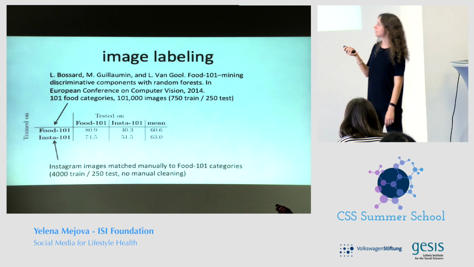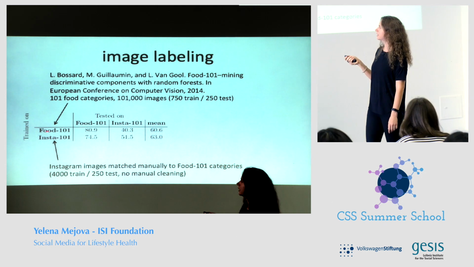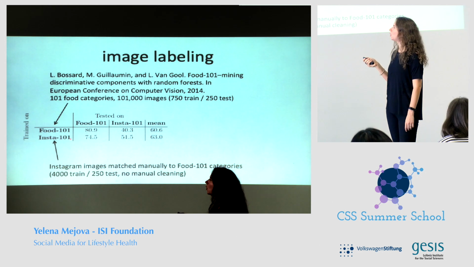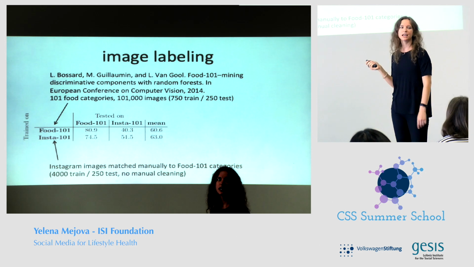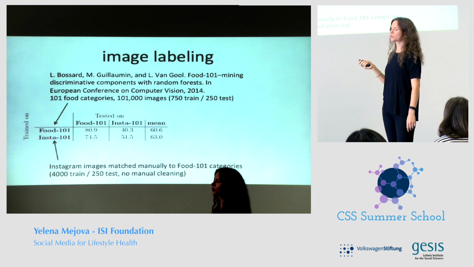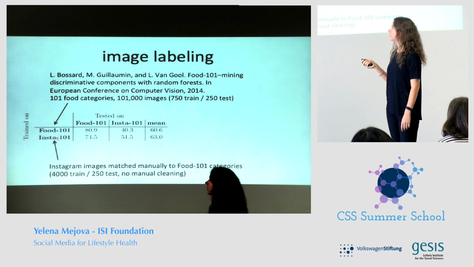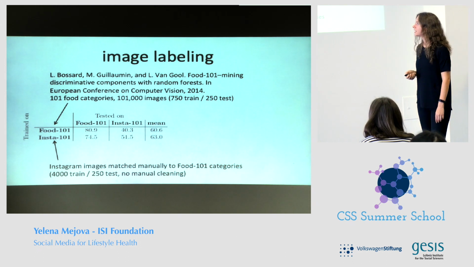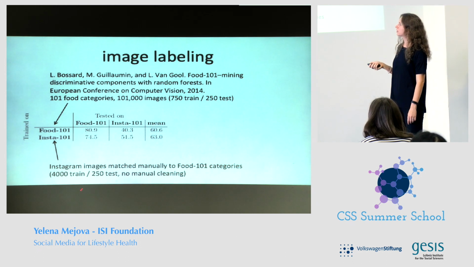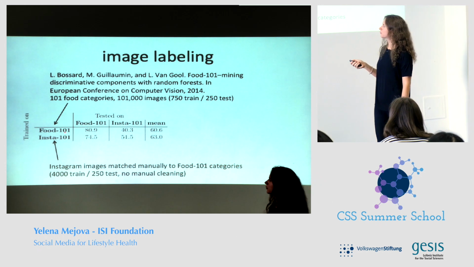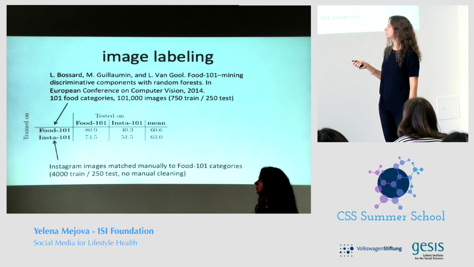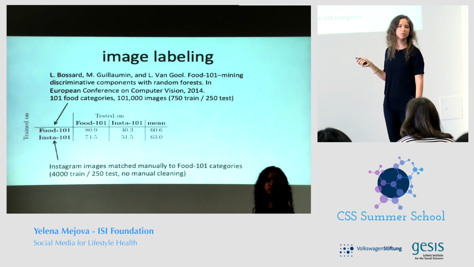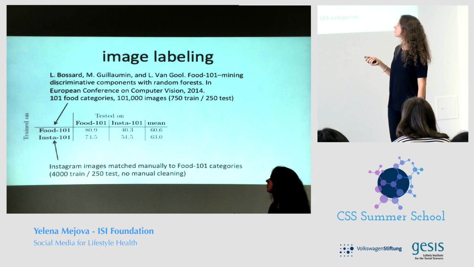So now we have a high quality Food-101 and a much lower quality Instagram data set, just throwing words into the abyss. And they trained this model on them, and basically when you train on this food data set and test on this food data set, it's okay, 80% accuracy is not bad.